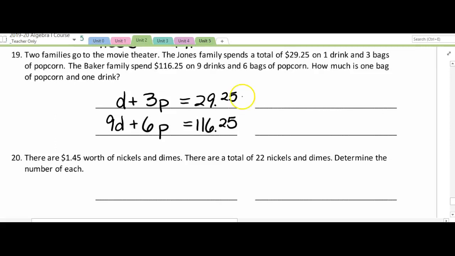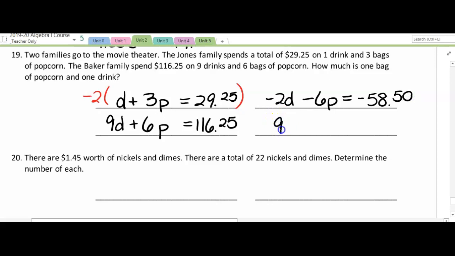Now, we can solve using graphing, substitution, elimination. I think the easiest thing is to multiply this first equation by -2. When I do that, I get -2d, -6p equals 29.25 times 2, -58.50.